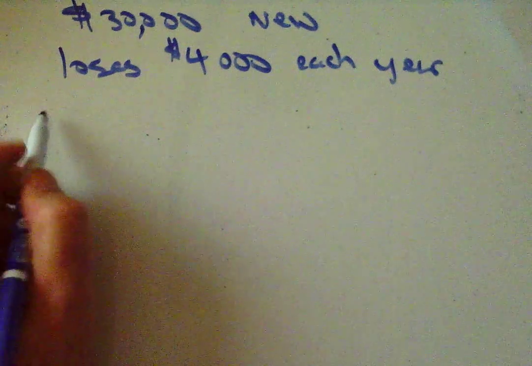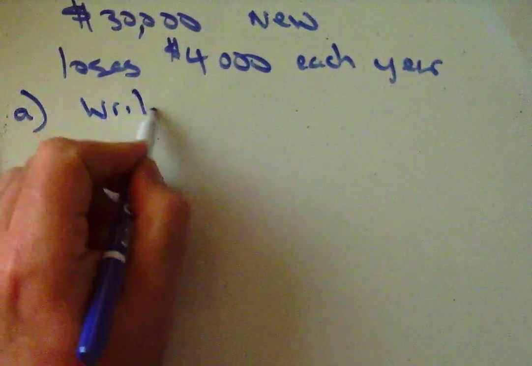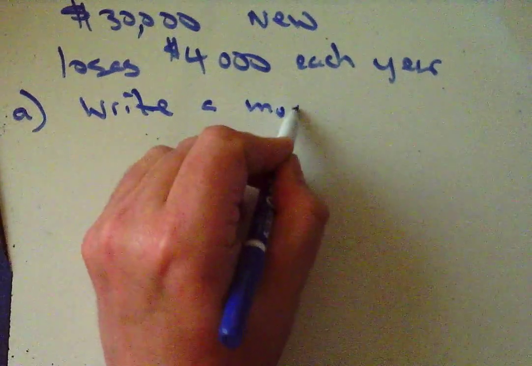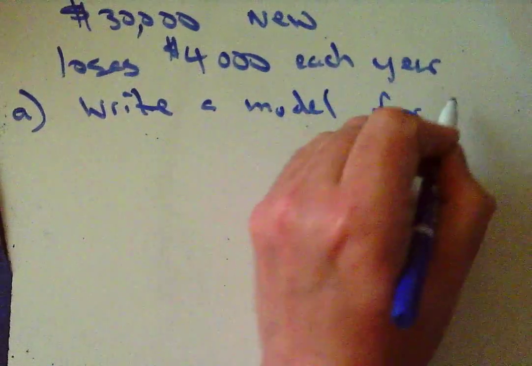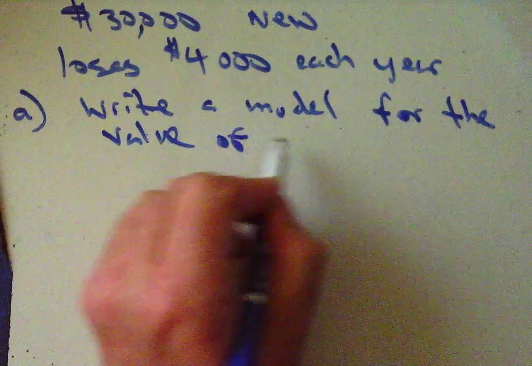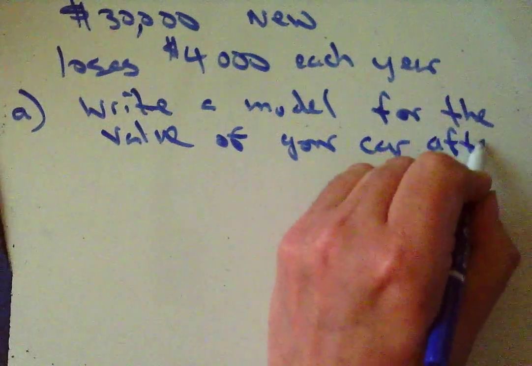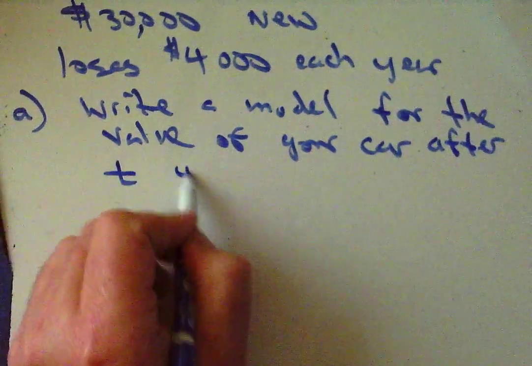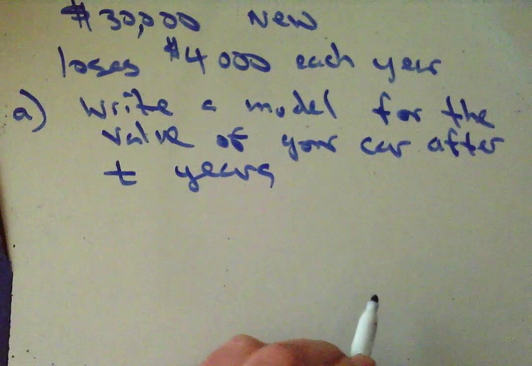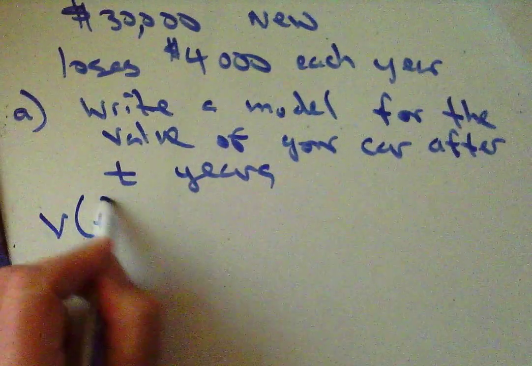I want to write a model for the value of your car after t years. So the value depends on how many years go by, V of t.